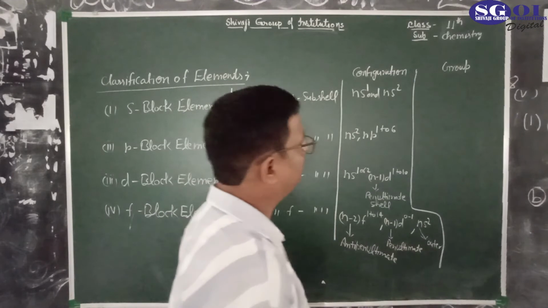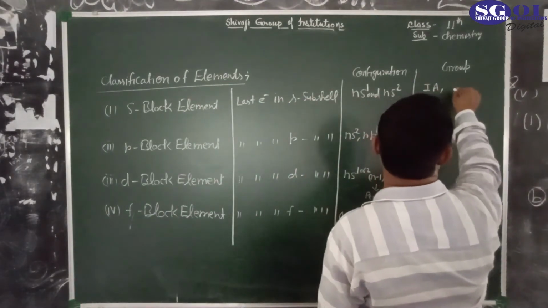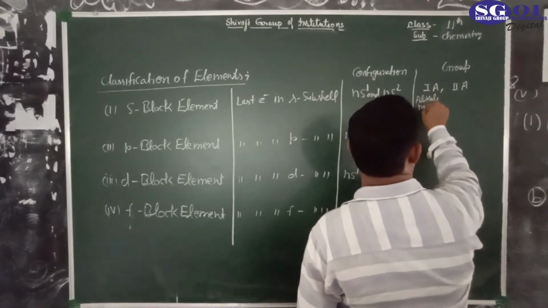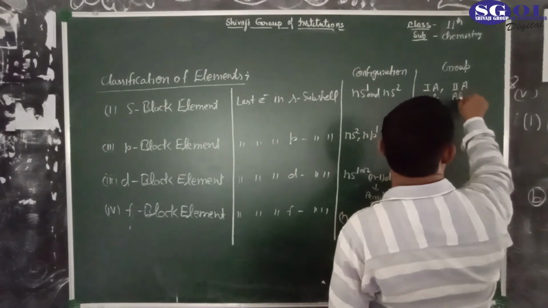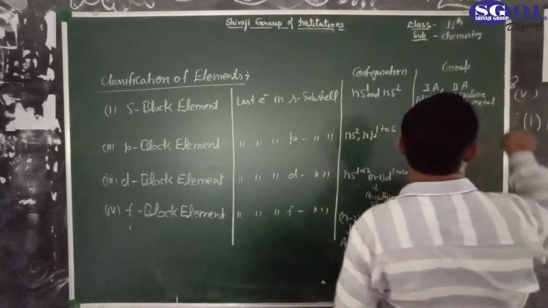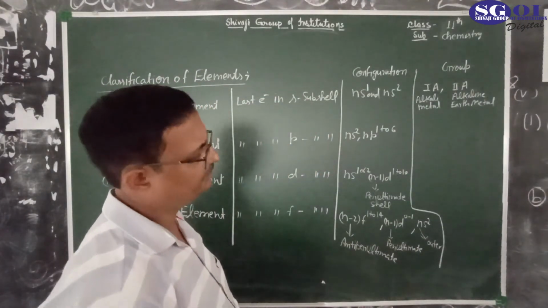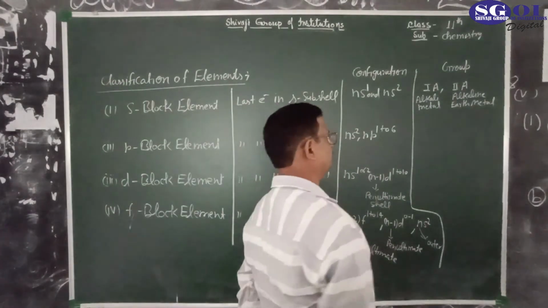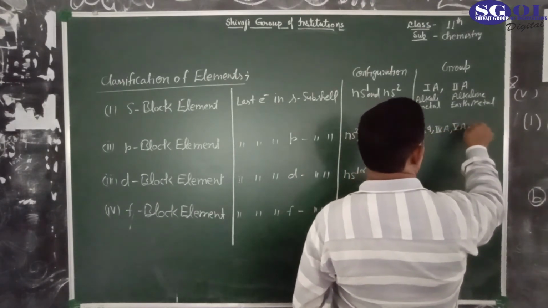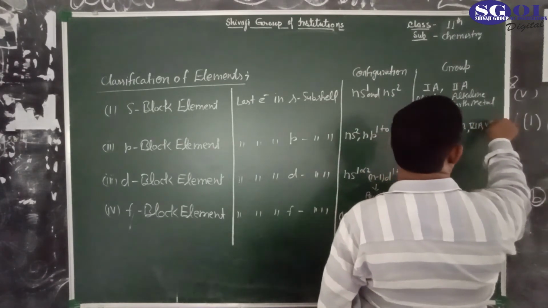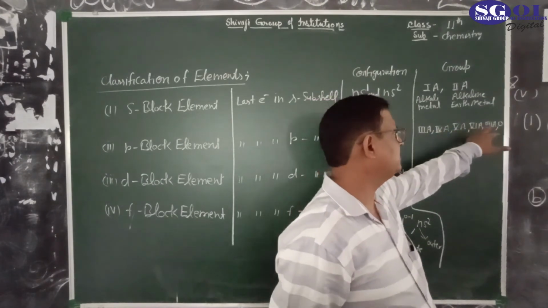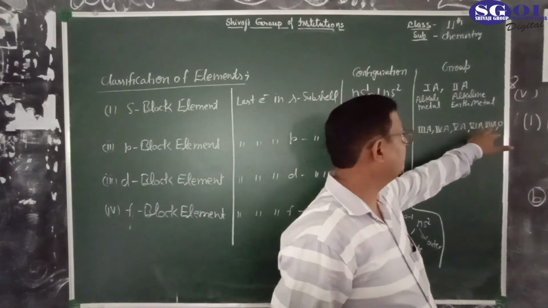The S block contains 2 groups, first A and second A. First A is the alkali metals and second A is the alkaline earth metals. The P block contains 6 groups: third A, fourth A, fifth A, sixth A, seventh A, and the last one is zero. That is 1, 2, 3, 4, 5, 6.